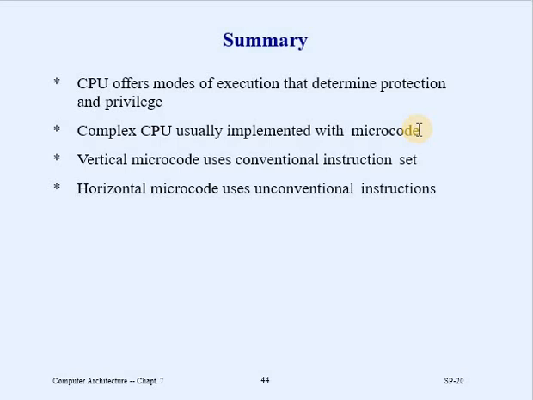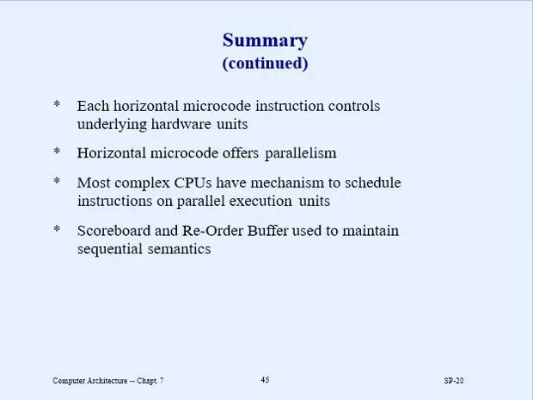There are two variations of microcode. One is called vertical microcode, which uses a conventional instruction set, and the other is horizontal microcode, which uses unconventional instructions. We have discussed in fair detail how this works. And each horizontal microcode instruction controls underlying hardware units.